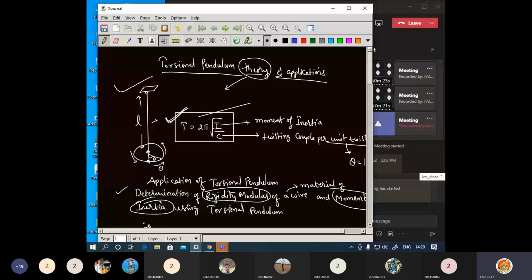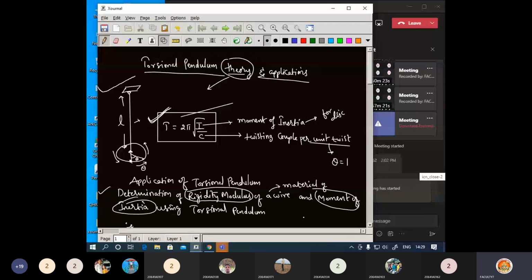The period of oscillations is given as T equals 2 pi root I by C, where I is the moment of inertia of the disc and C is the twisting couple per unit twist.